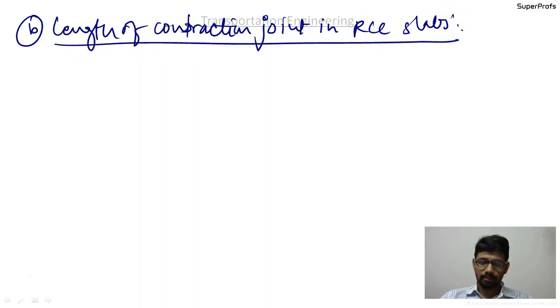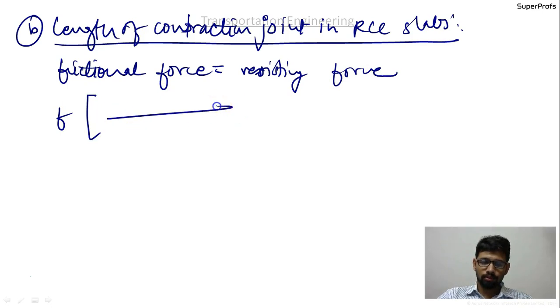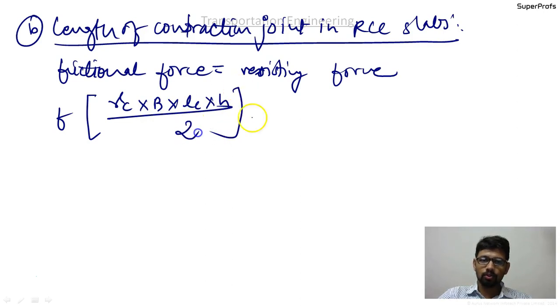Again here, the frictional force will be equal to the resisting force. So again here small f gamma c into b into lc into h by 2 will be equal to sigma suffix s into a suffix s.